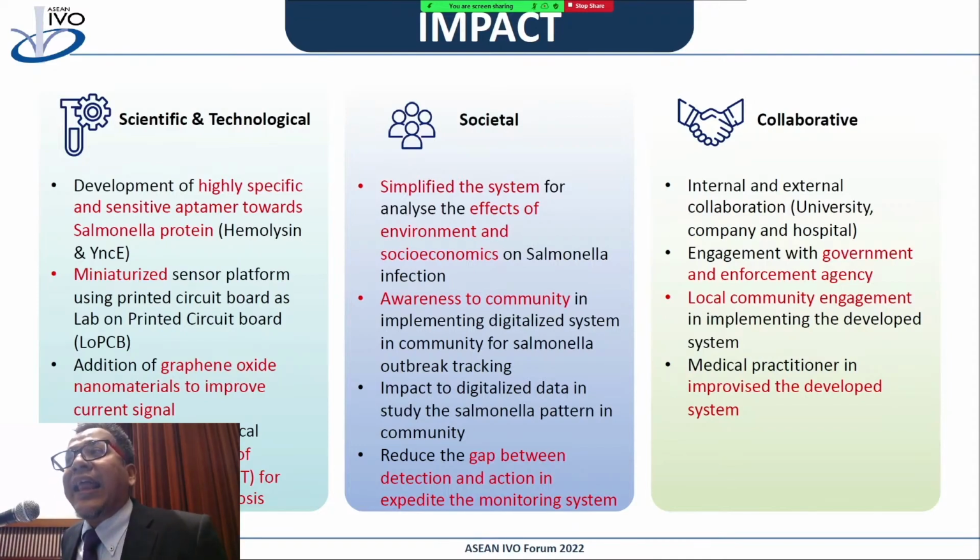By modifying the working electrode with carbon-based nanomaterial, graphene oxide and chitosan, we amplify the current signal. Finally, we show the possibilities for Salmonella as an IoT, which I call the Internet of Salmonella Things, for Salmonella point of care diagnosis.